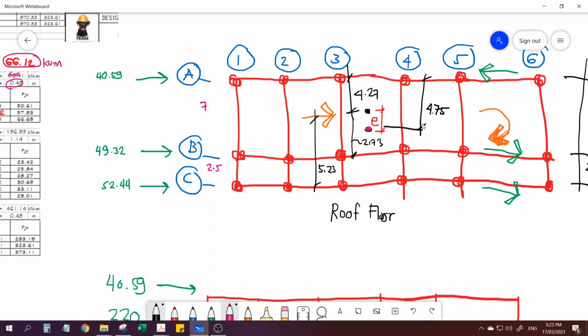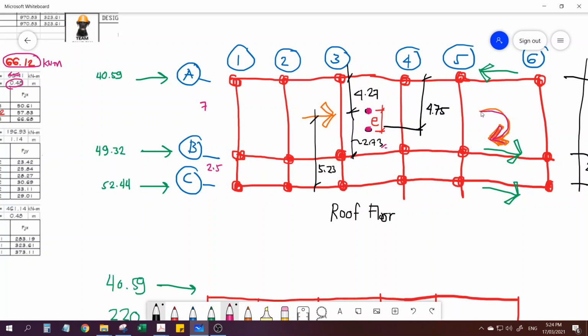So the previous 4.75 became 4.27 as the distance to frame A. Frame B now has a distance to the center of 2.73, while frame C has a distance of 5.23. So we have 66.12 kilonewton meter of torsion. We assume the force acting with the eccentricity is here, so this became our torsion because it rotates the structure.